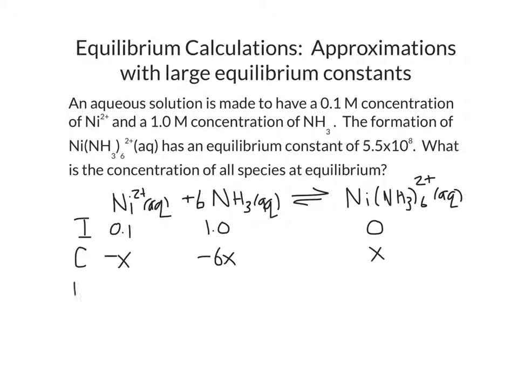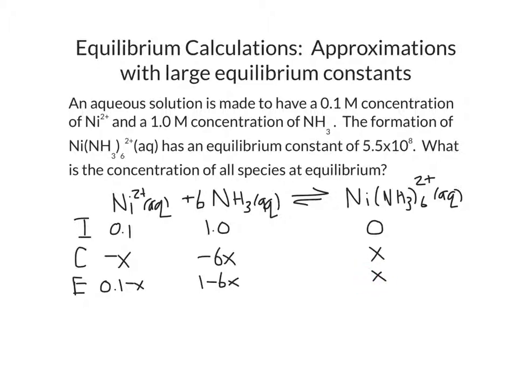And then at equilibrium, I'm going to have 0.1 minus X of this, 1 minus 6X of this, and X of this. So now we start thinking about whether we can make an approximation or not. We know from the fact that our equilibrium constant is very, very large that X is going to be a big number.